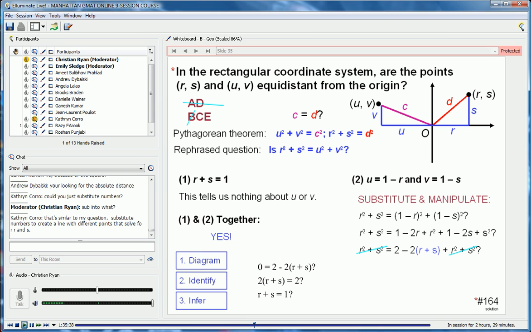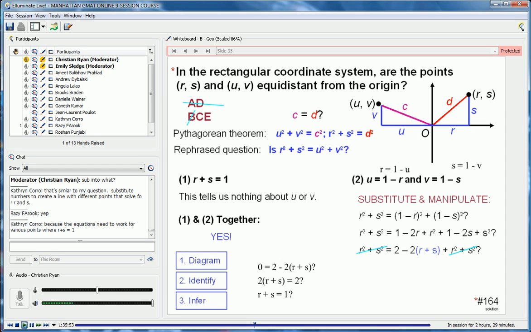If I solve statement 2 for R, then I get R equals 1 minus U, correct? And if I solve this one for S, I get S equals 1 minus V. And if I plug those into statement 1, then I get 1 minus U plus 1 minus V equals 1.